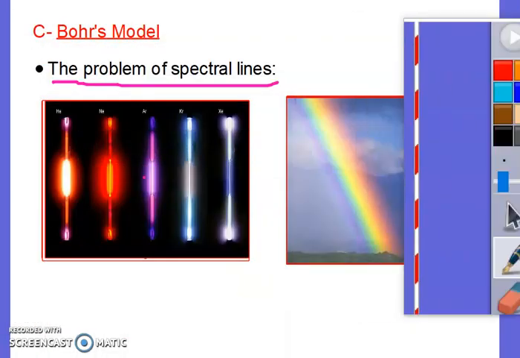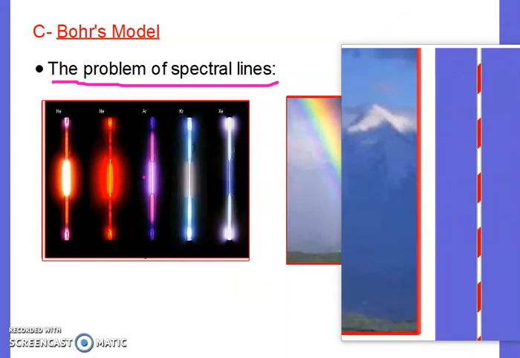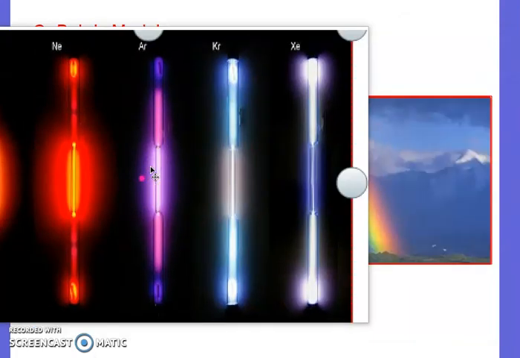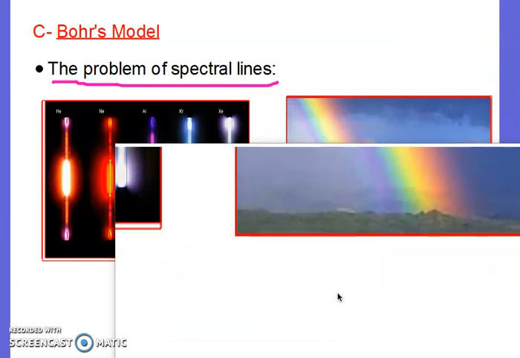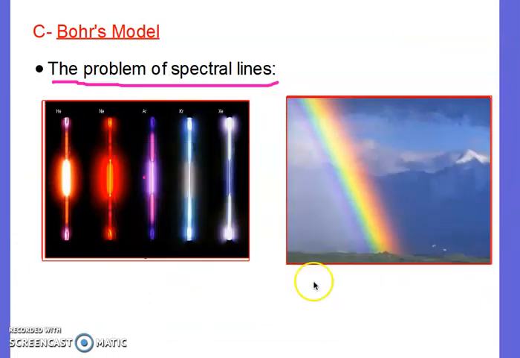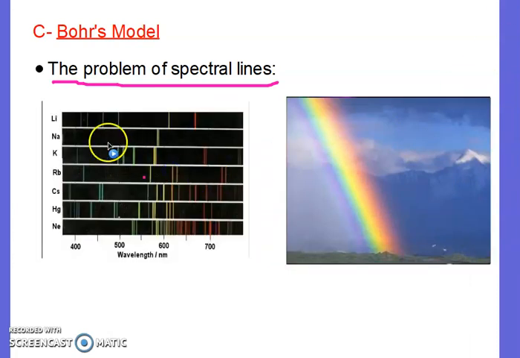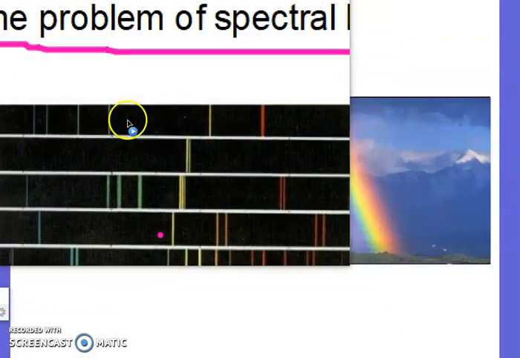Look at the spectrum. For example, look at the lithium lamp. Only a few colors exist in the form of sharp lines, right?